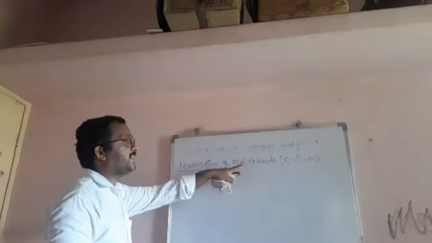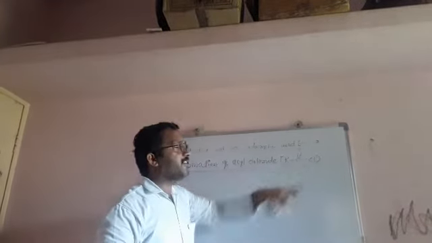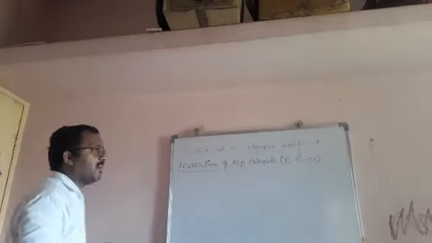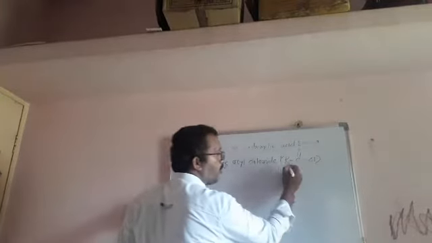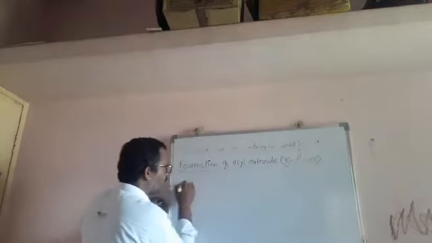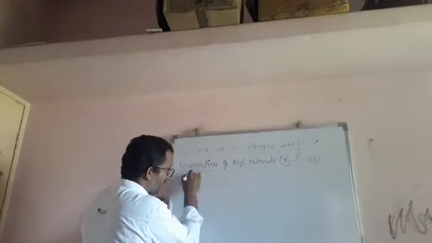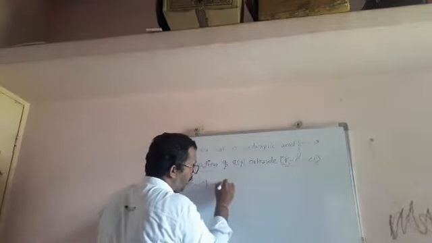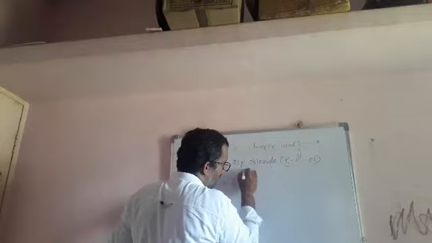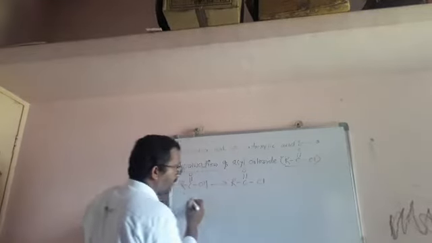Next chemical property of carboxylic acid is the formation of what? That is acyl chloride, that is RCOCl. This RCOCl is formed from what? From the carboxylic acid, RCOOH, that converts into RCOCl.